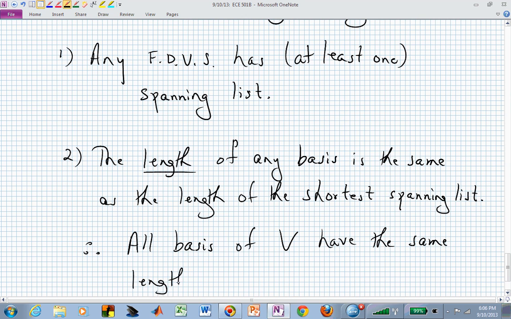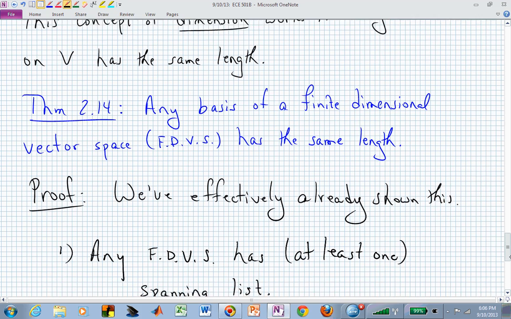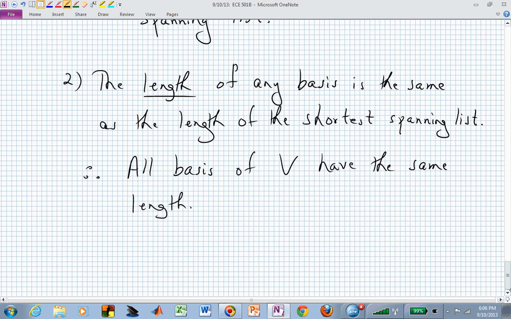And that's what we were trying to show, that each of these bases have the same length, or any basis of a finite dimensional vector space has the same length. We can now use that to actually produce a definition for dimension.